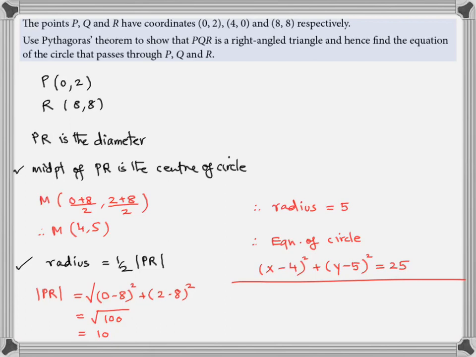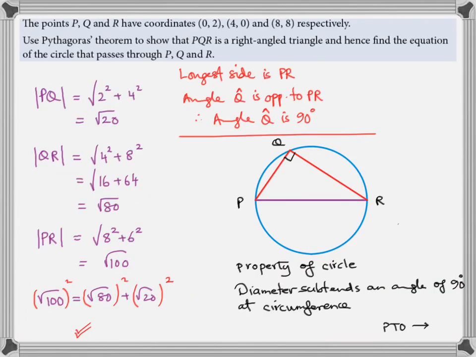Any two gradients which give you -1, that means there is a 90-degree angle over there. And whichever is the common alphabet, that would be the 90-degree. For example, since we know that angle Q is the 90-degree angle, that means gradient of PQ and QR will give you -1. What is the common alphabet? Q. So Q is 90 degrees.